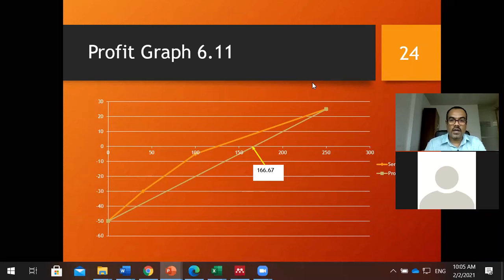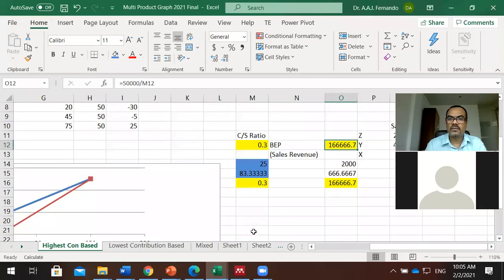So again, you ask how we got the sales value. Sales value was taken by this basic principle. What is it? Break-even sales value is fixed cost divided by CS ratio.